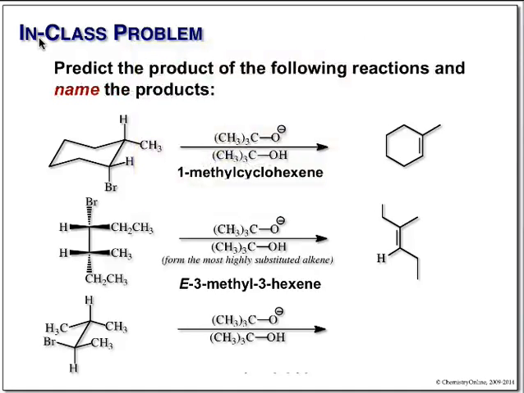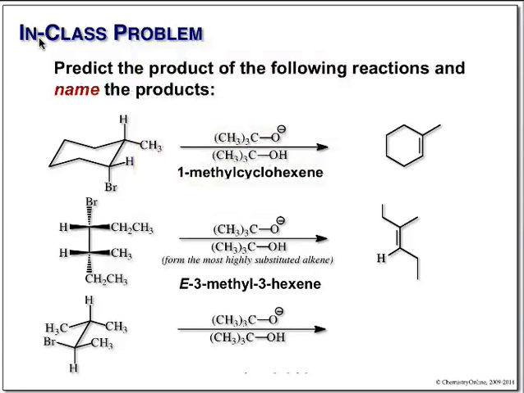Our last one. Well, this looked like it was set up for us, but it's not quite set up as nicely as we thought. We have to rotate, so this bromine is down opposite this hydrogen, correct?